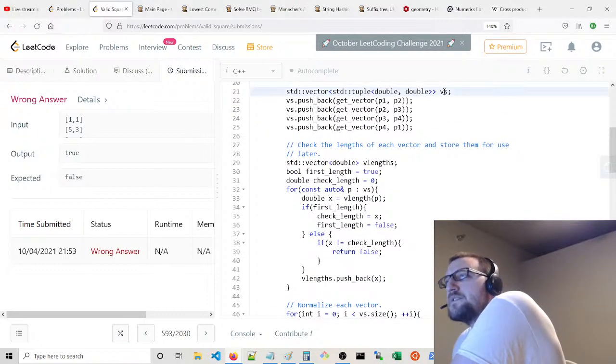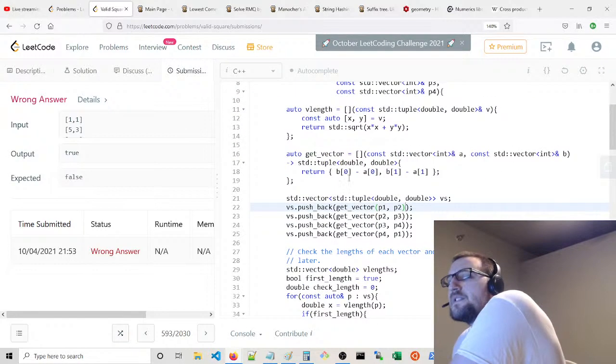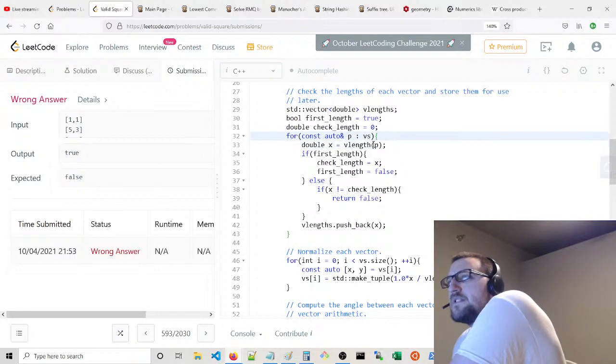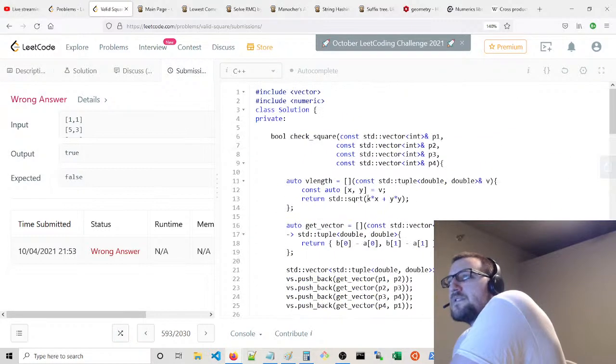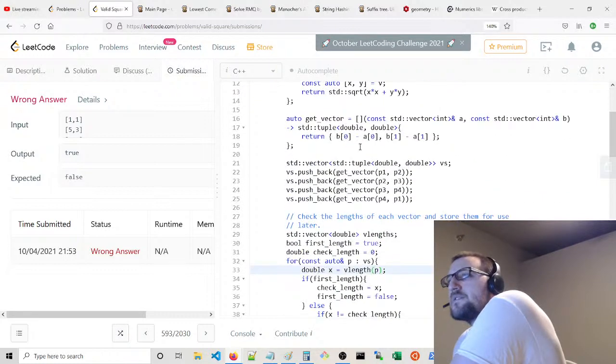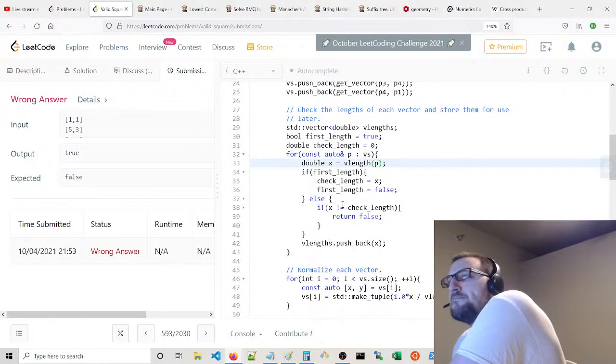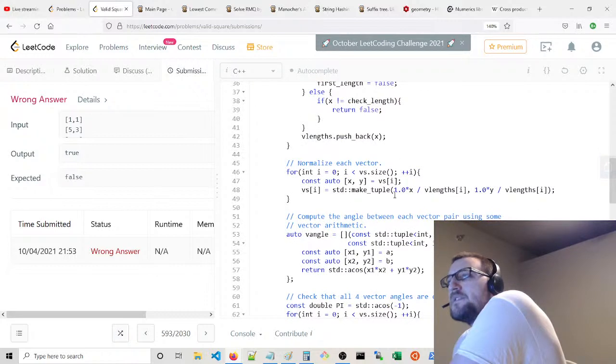So these v's should be doubles. These vectors should be doubles. And then v's double length, v length, double double. Get vector, integers, doubles. Divided by the v lengths, which are doubles.